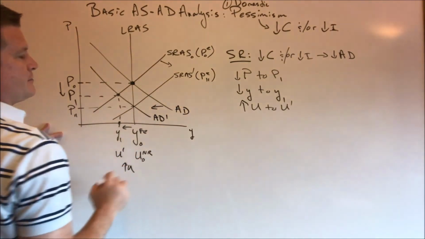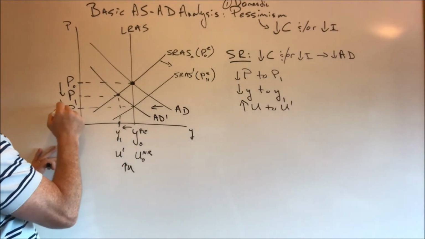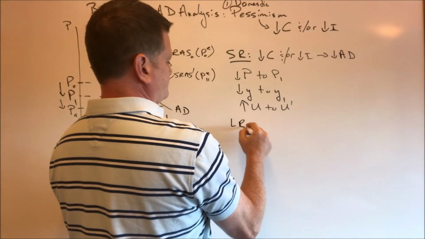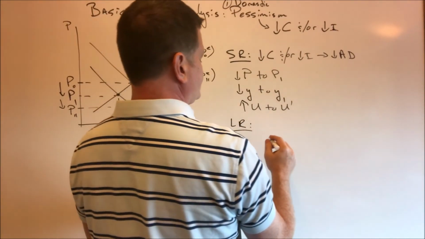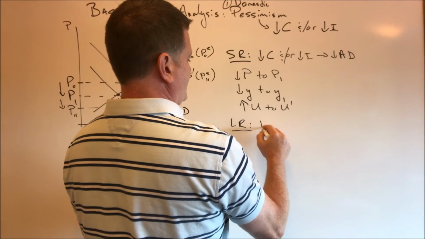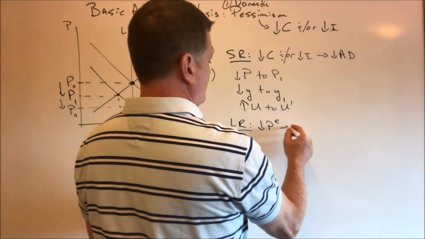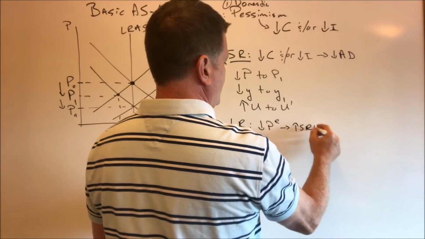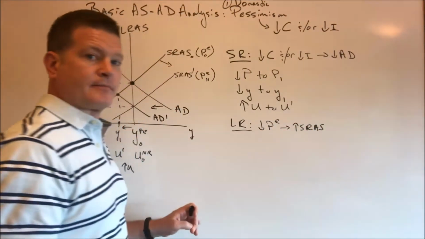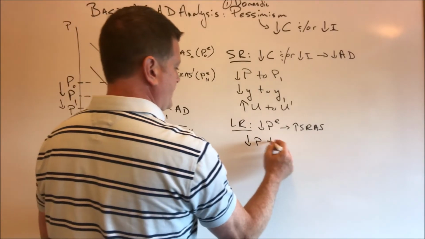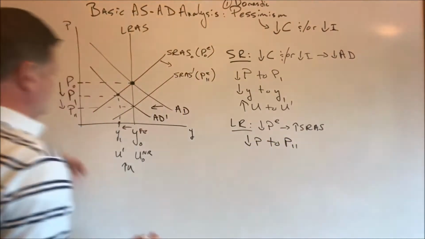We could put it here so that we get that in. So to get us to the long run, we see a decline in the expected price level, which increases the short run aggregate supply. That in turn pushes the price level down further to here.